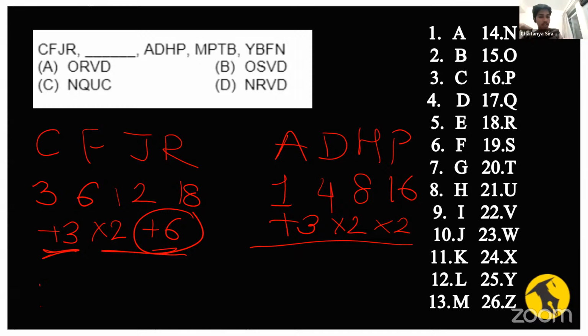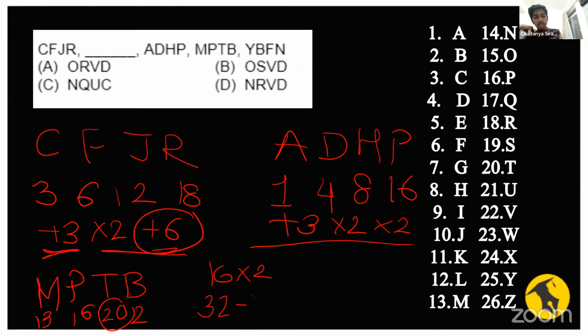Let me try with the third term. M, P, T, B. This is 13, P is 16, T is 20, and B is how much? 2.